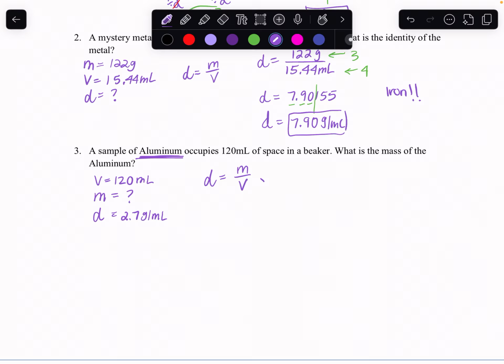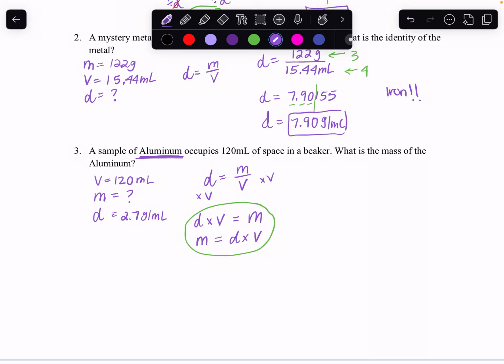And I'm going to do that by multiplying both sides by volume. So now my equation would be density times volume equals mass. Yay! Or if it makes more sense to write it like this, you can say mass equals density times volume. These are both the same thing, but just written differently. So either one of these works. This is what we're going to use.